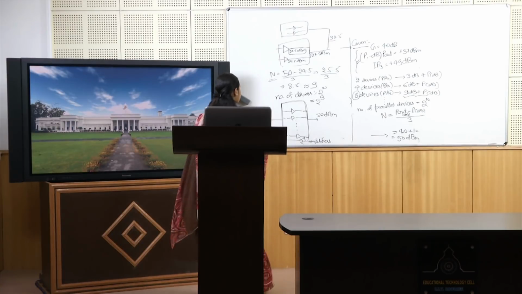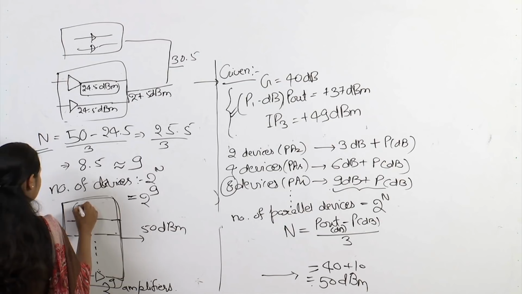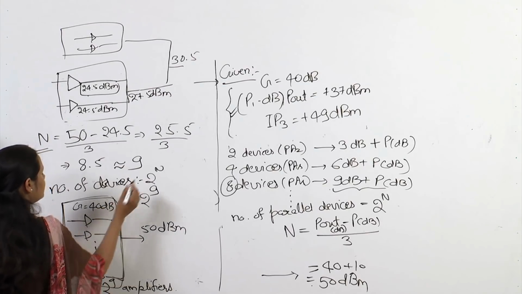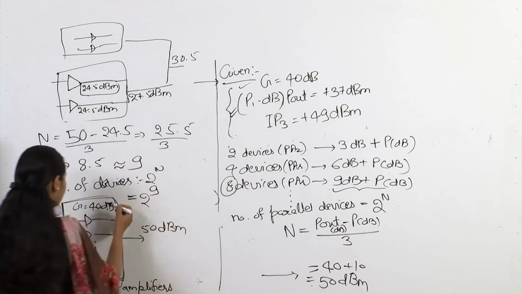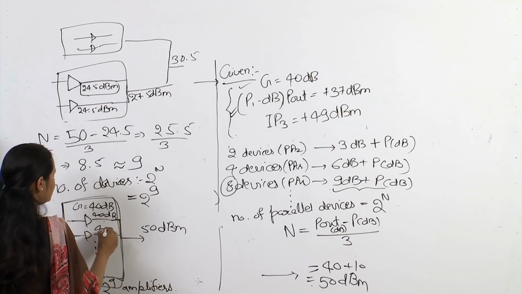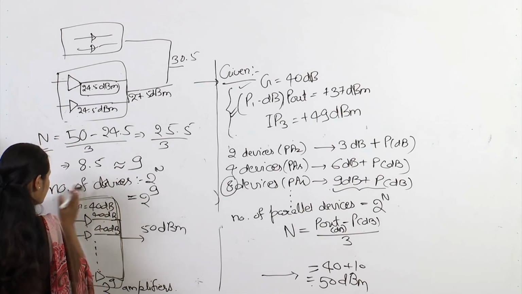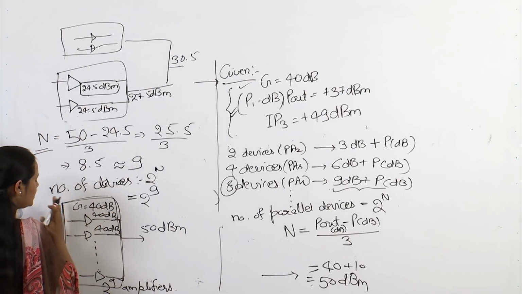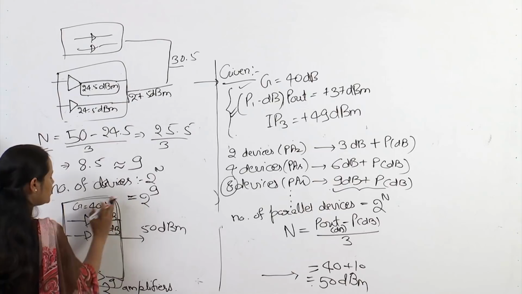So till now what is missing? The gain of each amplifier is only 40 dB, and because they are in parallel, they all will be giving only 40 dB. So the gain of this whole system is only 40 dB because they are in parallel, right? So the difference from here to here is always 40 dB.